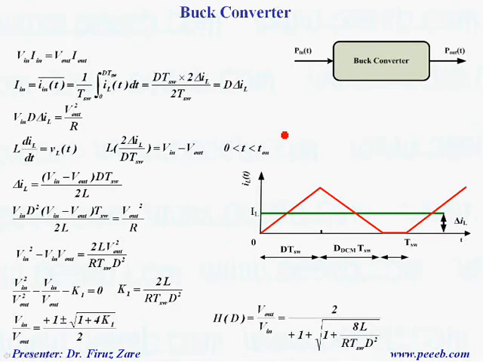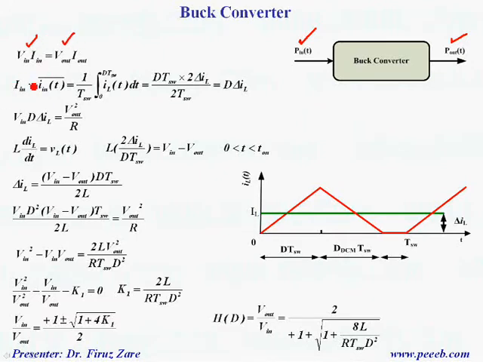In order to find the conversion ratio, suppose that the system is lossless, without any switching or conduction loss. So the input power equals the output power, that's the average power. In this case, V in times I in equals V out times I out.